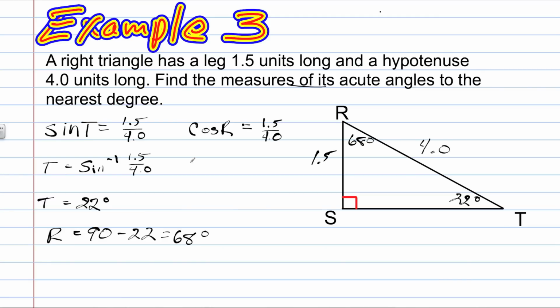And if you use that inverse function again, you find out that the measure of angle R is in fact, when you round it, 68 degrees. So you could have done it a real quick way, or showed that you understood the sine and the cosine. It really doesn't matter as long as you understand how to find the measures of these angles using either the sine or the cosine function.